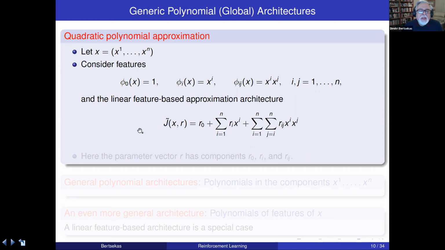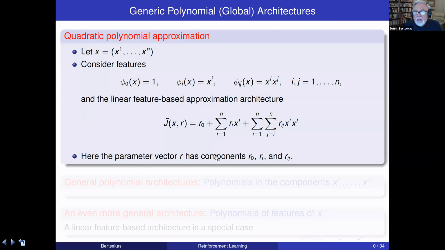Now, the corresponding linear architecture is this one here. This is the weight, the parameter that weighs this feature. r_i weighs the parameter of the component x_i, and r_ij is the parameter that weighs the cross product features.